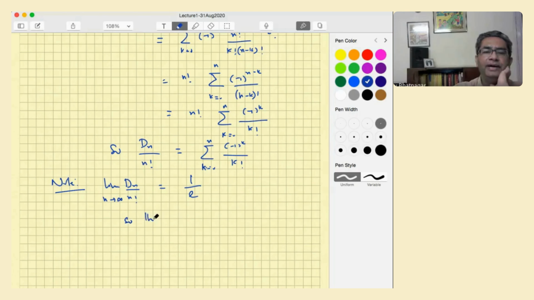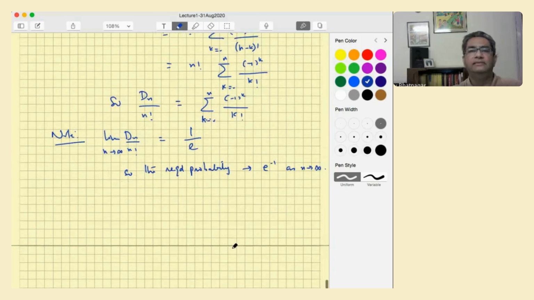So the required probability goes to 1 over e as n goes to infinity. Okay, now any questions so far on this?